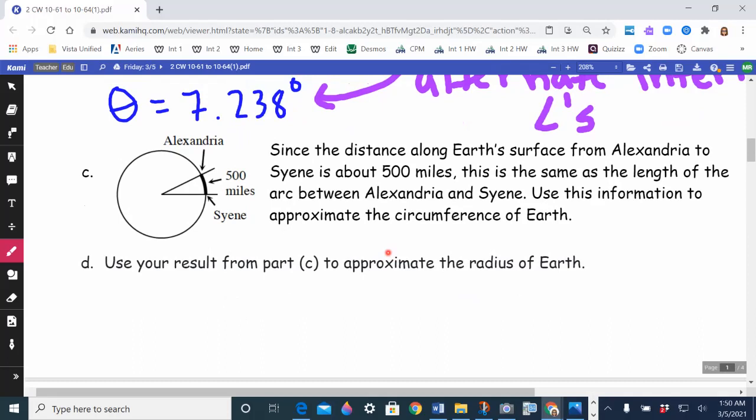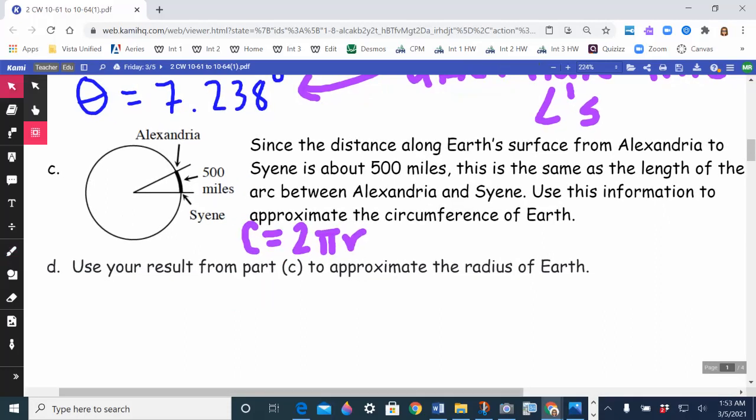So we know that circumference is equal to 2 pi r. And that 500 is not the whole entire circumference. I know it's part of it.